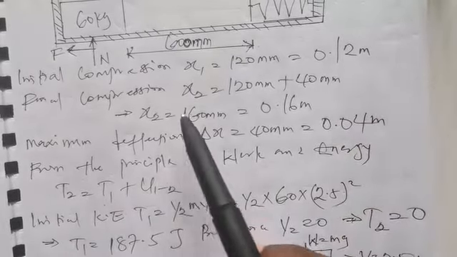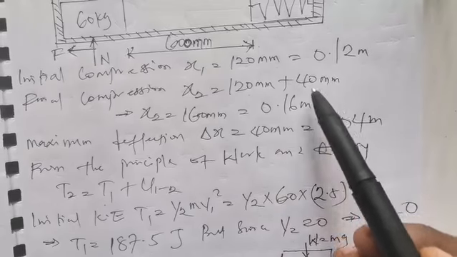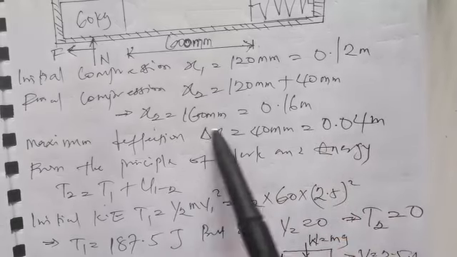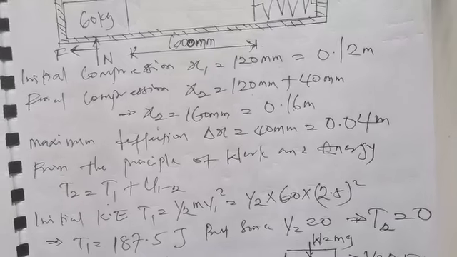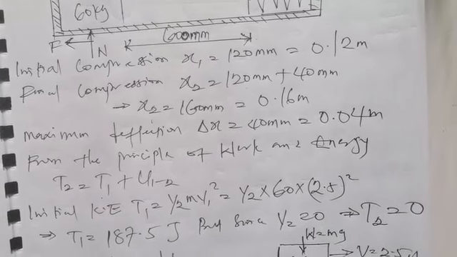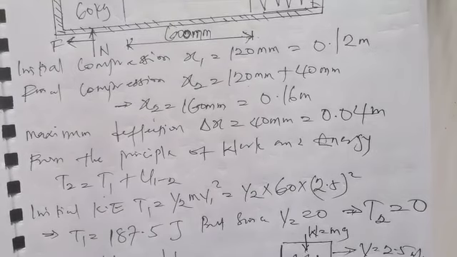For the final compression, we have an additional deflection of 40 millimeters, so 120 plus 40 would give us 160 millimeters, and we had this to be 0.16 meters. So it means that we are going to be looking for the work done for each of these compressions, first compression and second compression, then we sum them all up together.